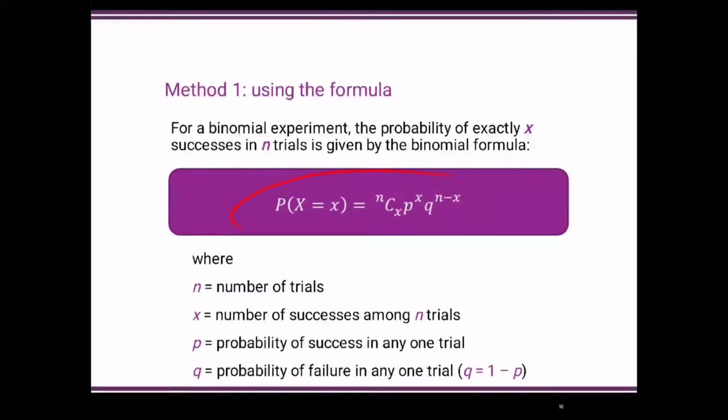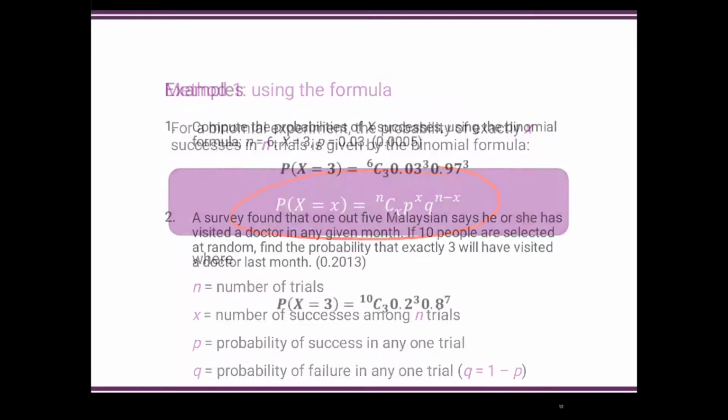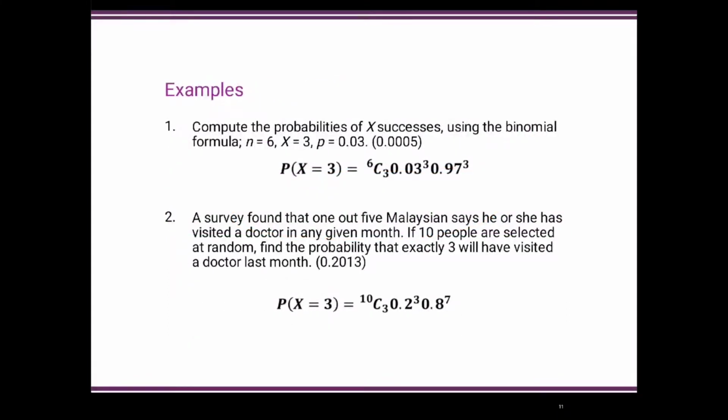You have the formula here where n is the number of trials, small letter x is the number of successes among n trials, small letter p is the probability of success, and q is the probability of failure. Compute the probability of x successes using the binomial formula where n is 6.